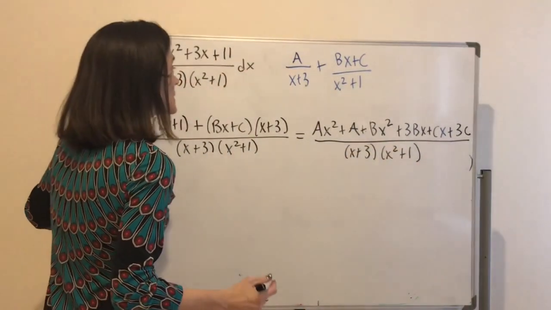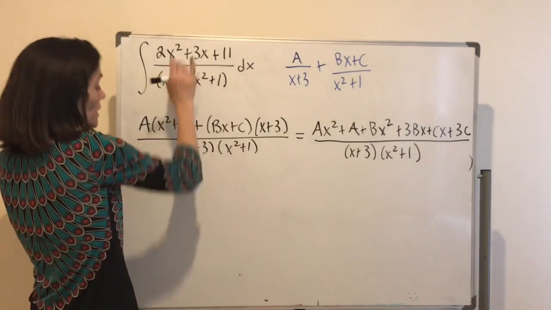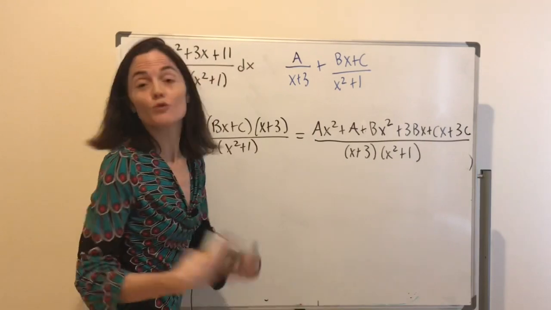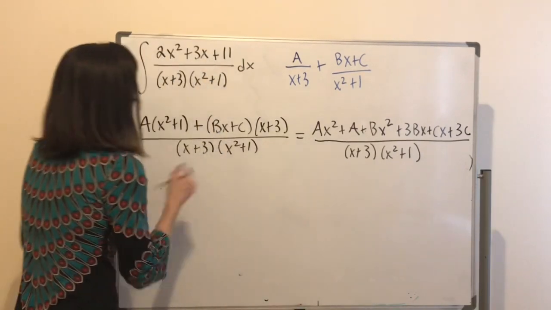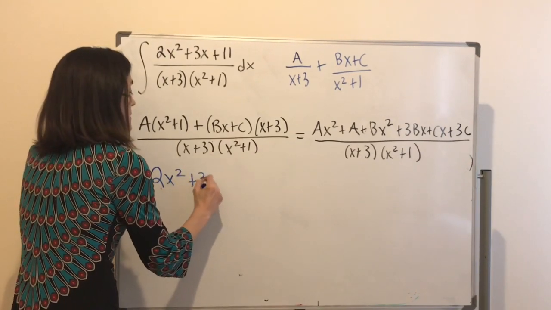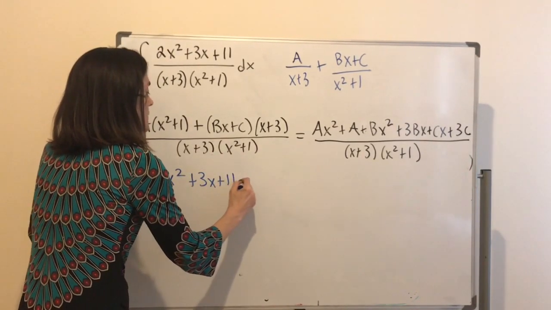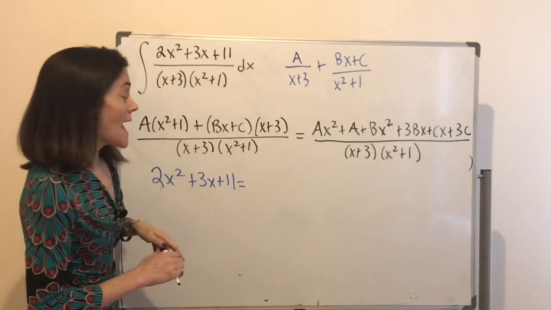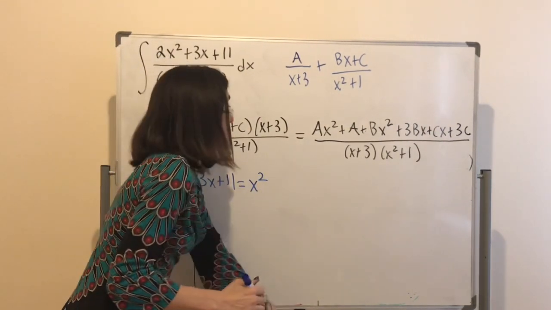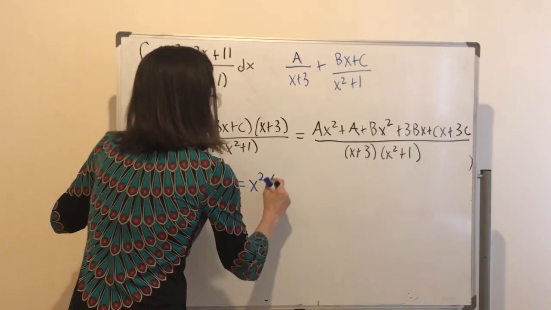Okay, so let me go ahead and work with this numerator, set it equal to the numerator on that side, and I will group everything in one step. So this numerator is 2x squared plus 3x plus 11. We set this equal to everything with x squared. We have a plus b.